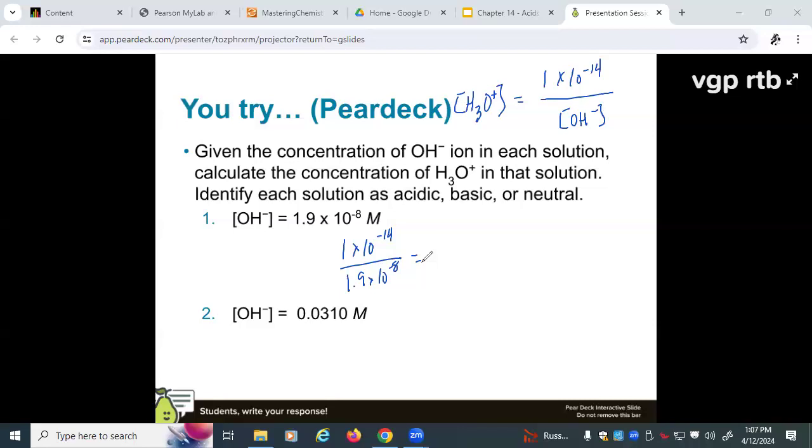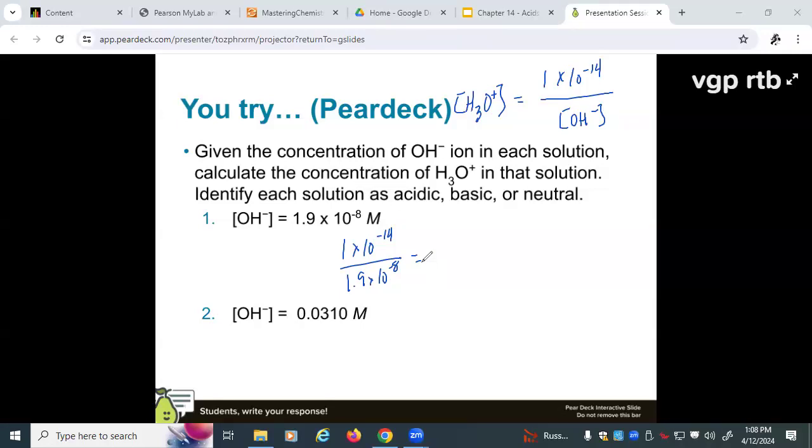And if you remember, one of the notes that I left you with on Friday was specifically about scientific notation in your calculator. Making sure that you're using that scientific notation correctly so that you don't get weird answers. So 1 times 10 to the negative 14th divided by 1.9 times 10 to the negative 8. Make sure you're using your scientific notation button for that bottom exponent especially.